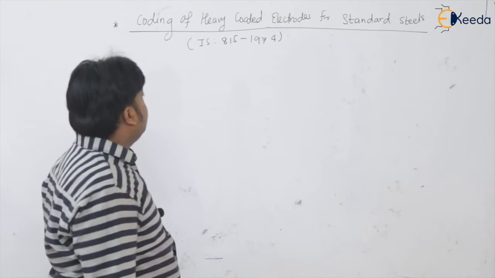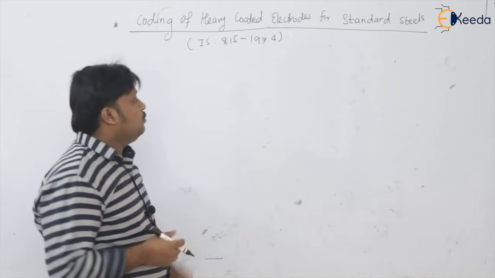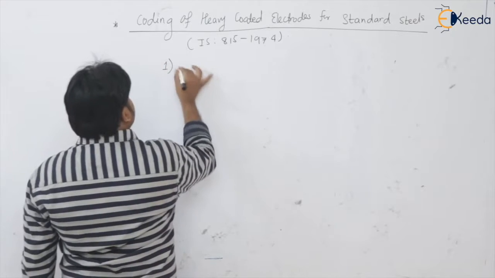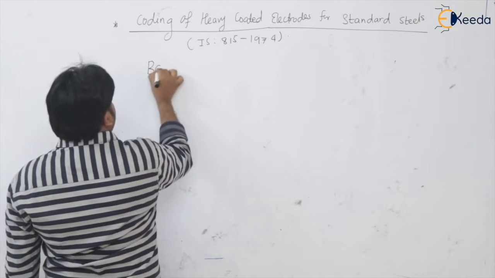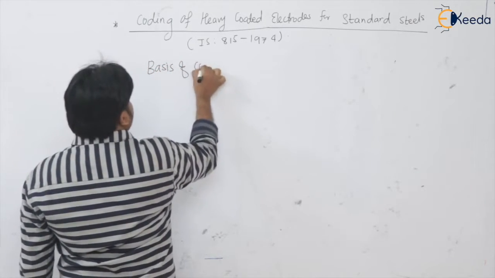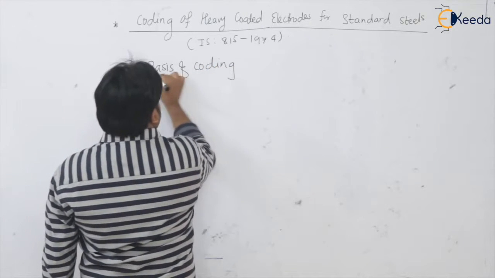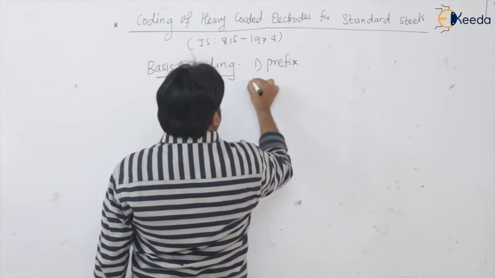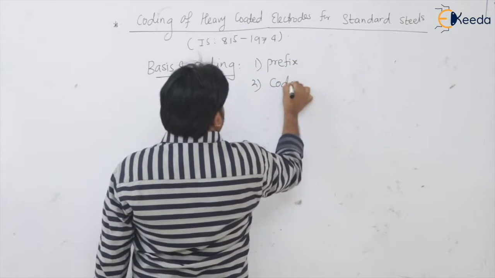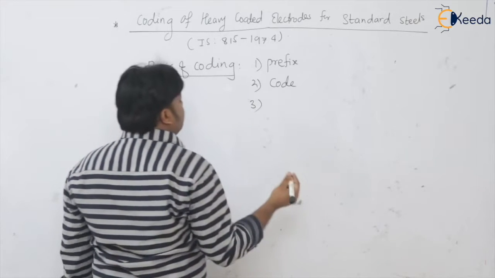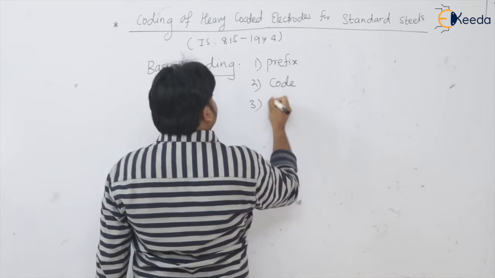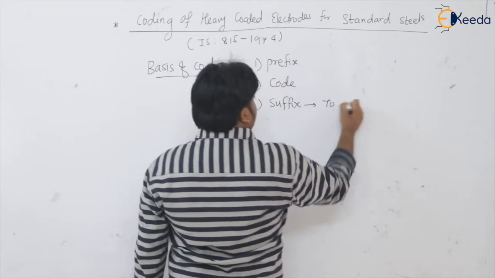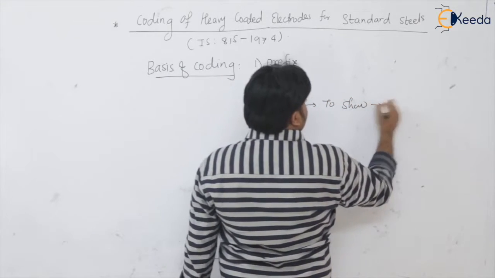Okay, so how are these electrodes coded? First of all, what is the basis of coding? Number one, we are having the prefix, then we are having the code, and in some cases we are having the suffix to show some specific properties.